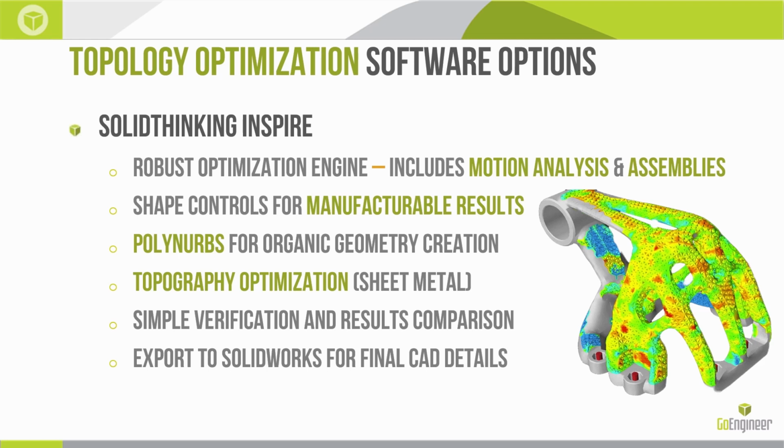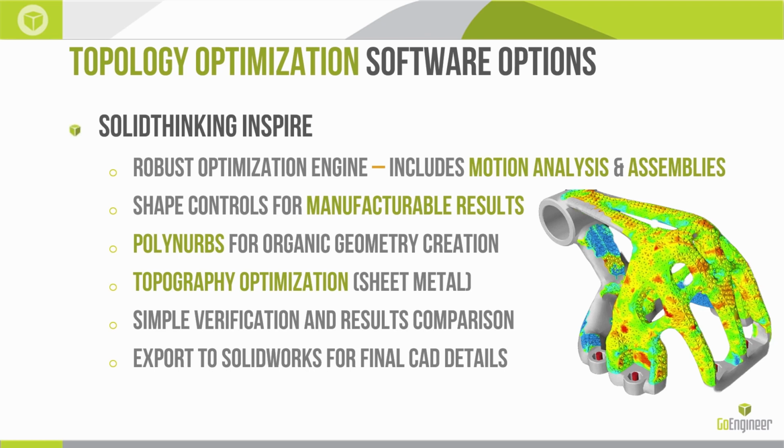Something very unique about Inspire is that it has a direct editing tool called PolyNURBS that allows you to push, pull, and create very swoopy, organic shapes that are great for industrial designers and some adventurous SOLIDWORKS users, creating shapes that honestly we can't do in SOLIDWORKS.